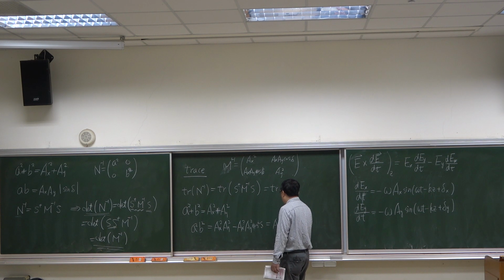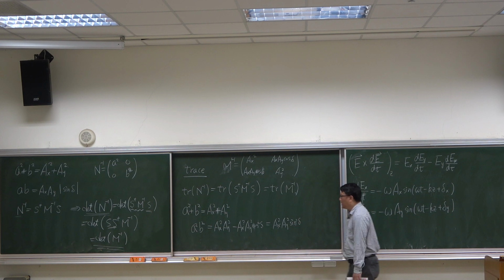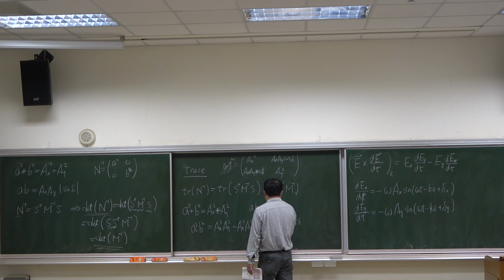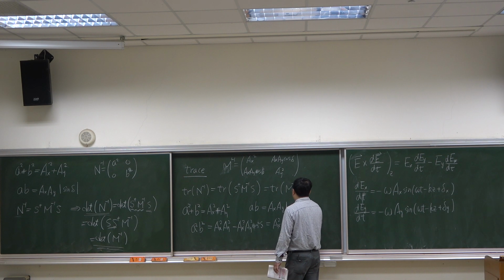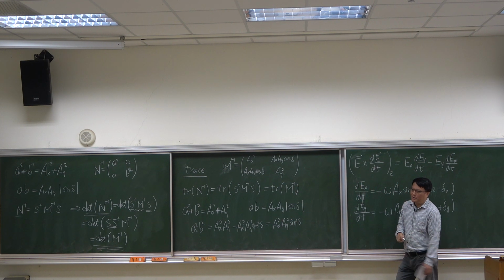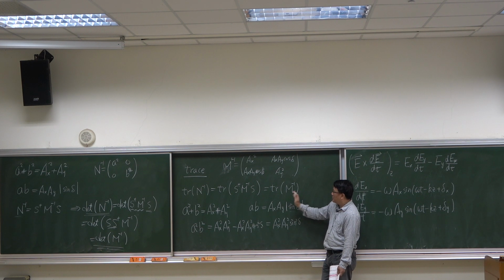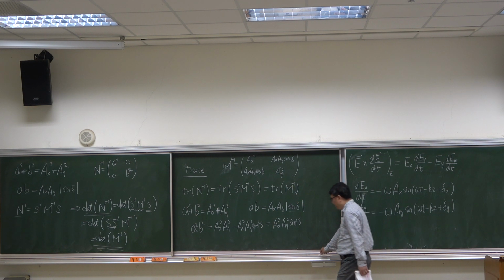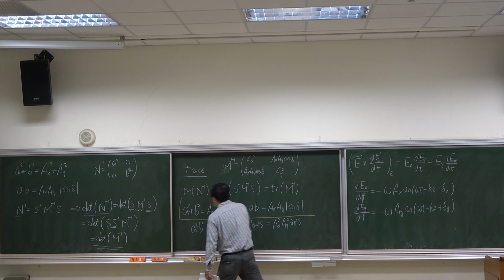So this is AX squared AY squared times sine squared delta. And we take the root to obtain A times B equals AX AY times the absolute value of sine delta. This is because sine delta can be negative sometimes, and we must take the absolute value to get the positive quantity. So these two equations are useful later.